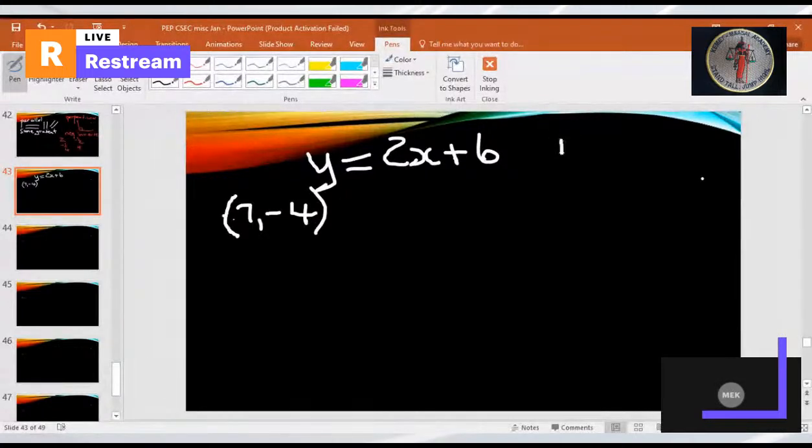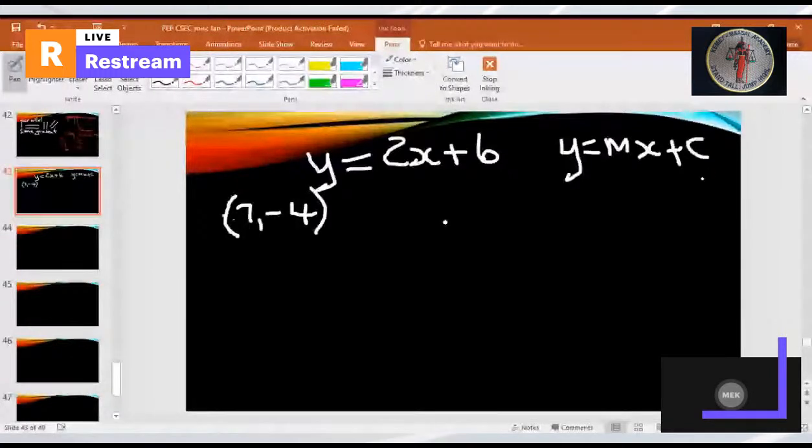So remember, the general equation of a line is y equals mx plus c. If we know the gradient, and if we know an x value and a y value that correspond, we can find c, and then we can find the whole equation.